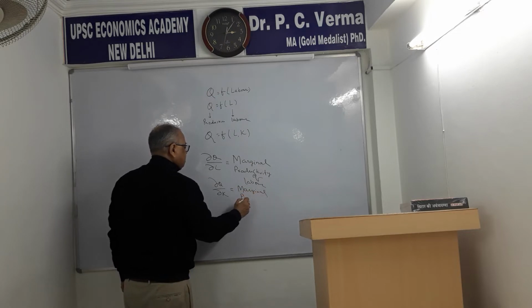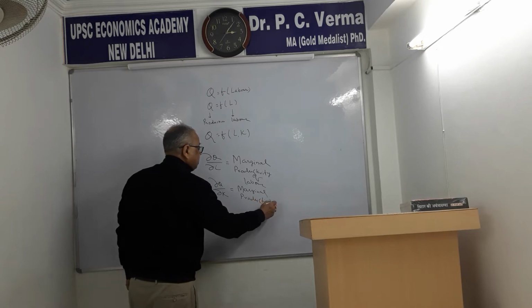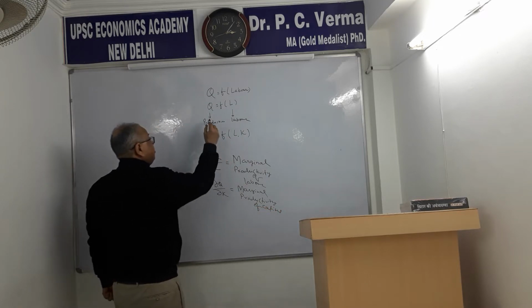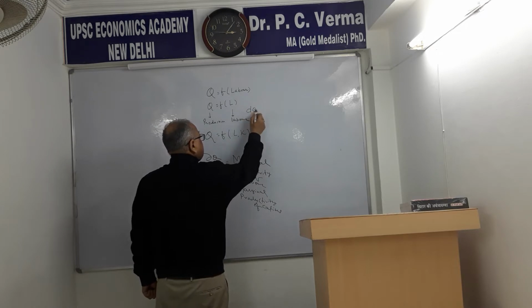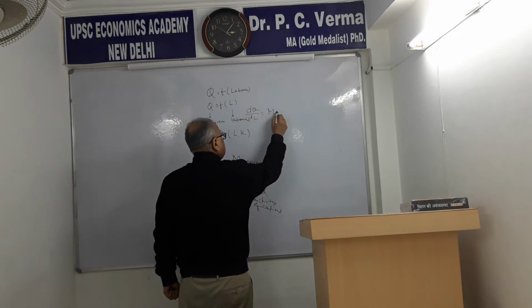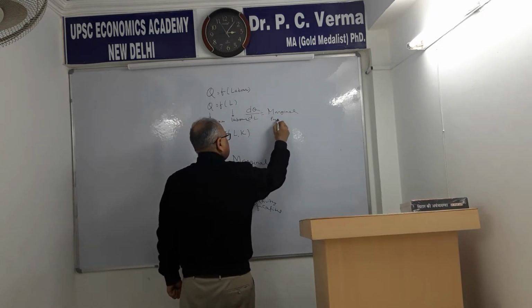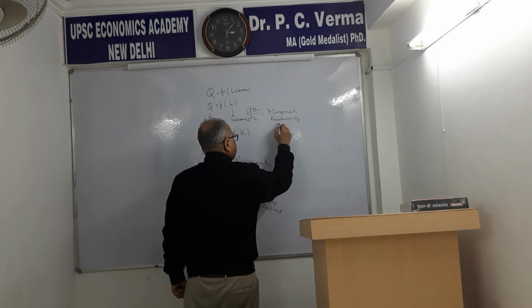And in this simple one, a single variable, dQ by dL is equal to marginal productivity of labor.